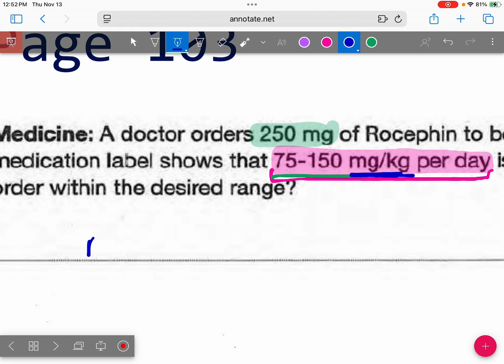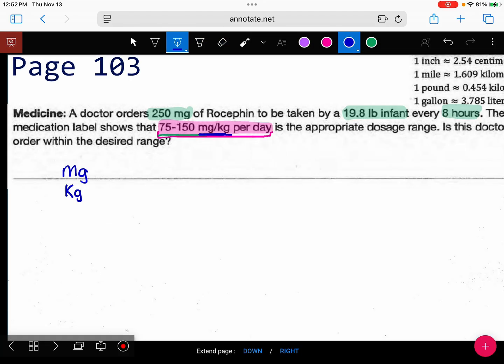So I would really like whatever we set up to be milligrams per kilogram. That's what we want our final answer to be. Well, I don't have all of those pieces of information. But what I do have is milligrams per pound, or milligrams per baby.